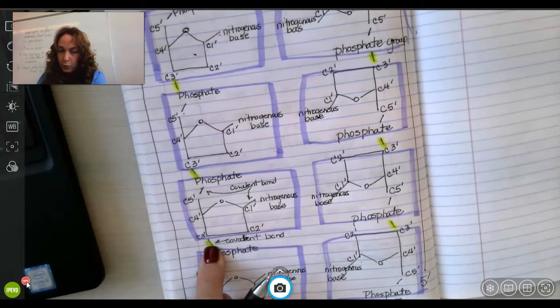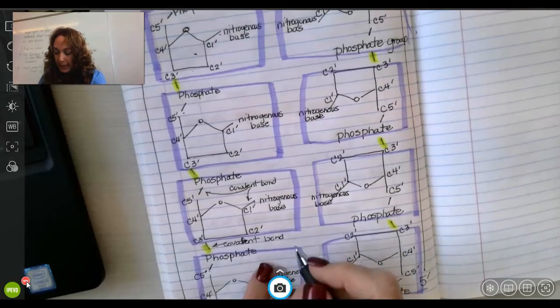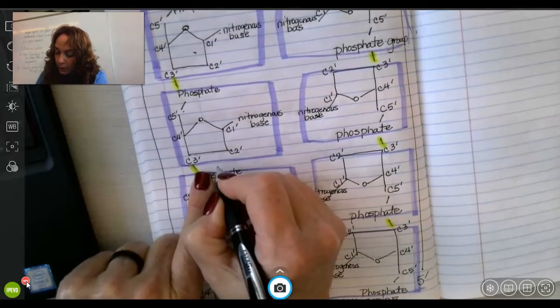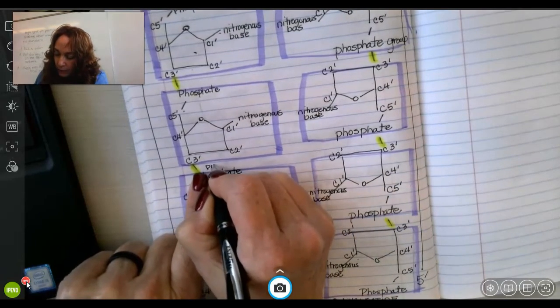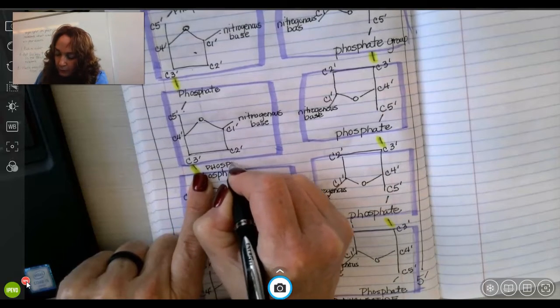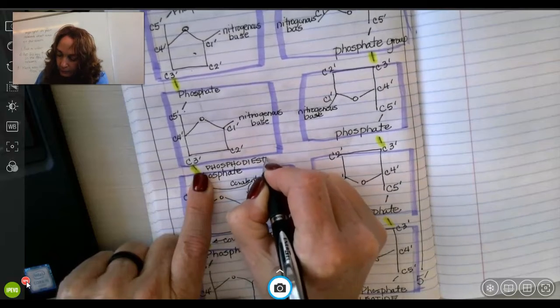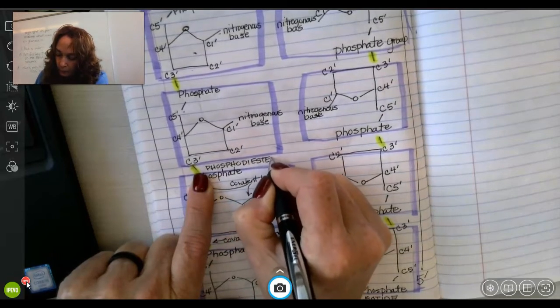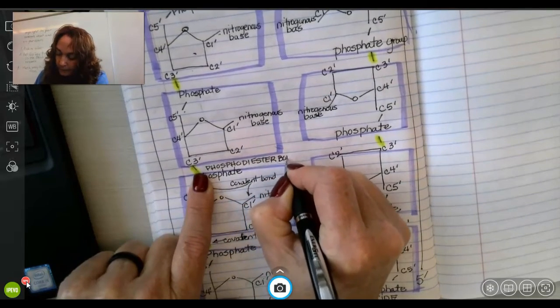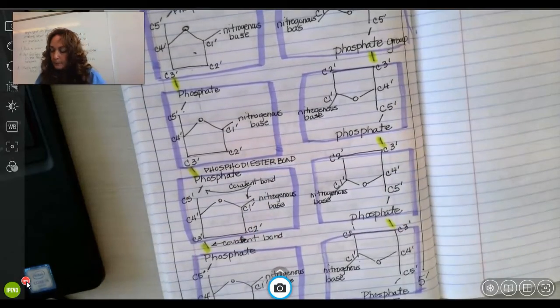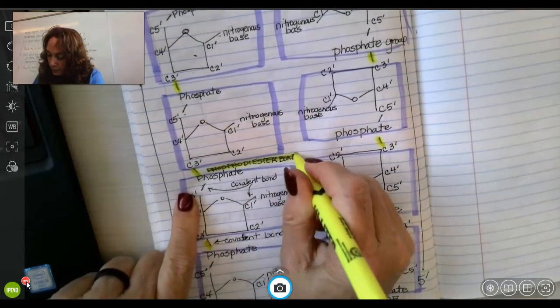So between has a special name. This is what's called, I'm going to write it up here because I've got more room, the phosphodiester bond. And I'm going to highlight it in yellow.